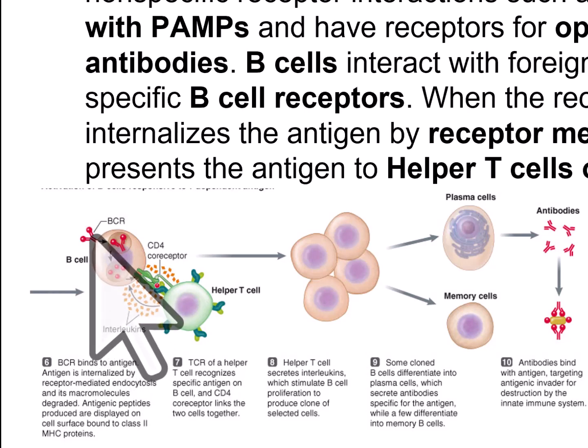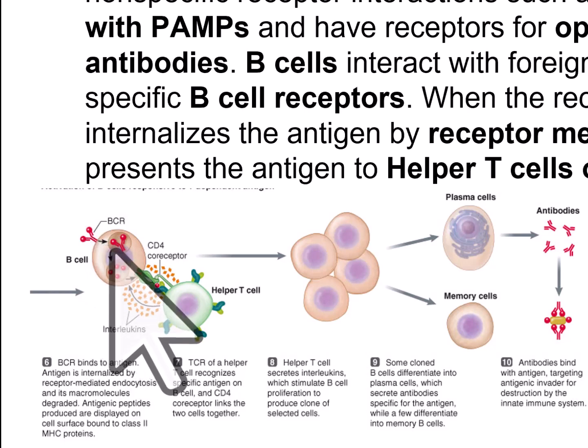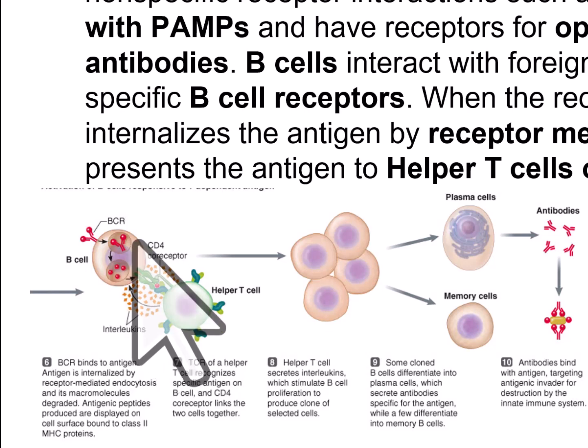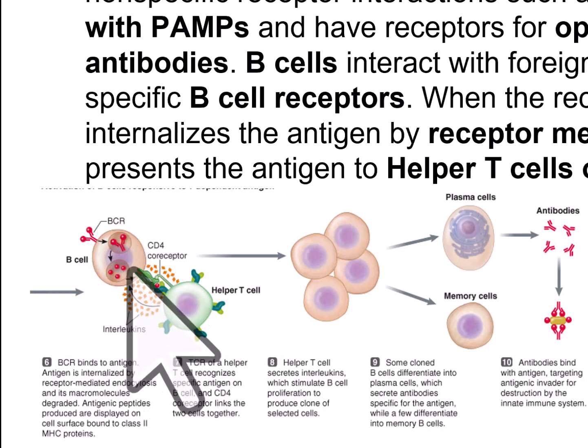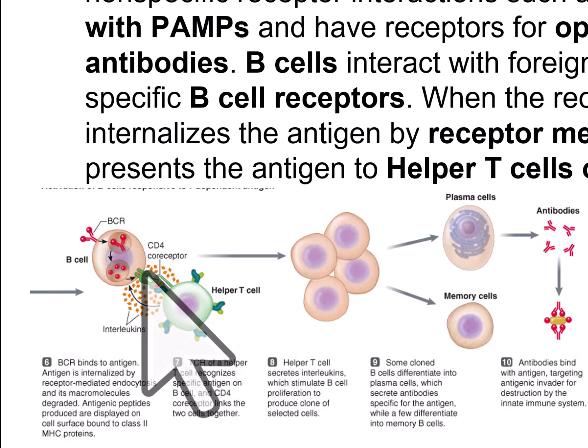And then once it's bound to that antigen, that antigen can be brought in by what's called receptor-mediated endocytosis. Very specific, more specific than a toll-like receptor will be for a PAMP. Because you can have multiple toll-like receptors, but on a B cell, it's only going to have one B cell receptor type on that cell. And there could be thousands of these identical B cell receptors, of course, on that cell.